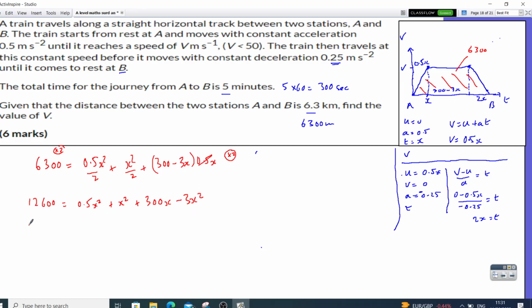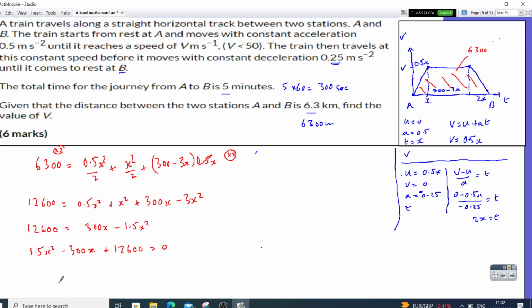So collect all my like terms: 1.5 minus 3, giving 300x minus 1.5x squared. Bring that all to one side, so I'll get 1.5x squared minus 300x plus, since it's already on this side, a positive 12,600 equals 0.